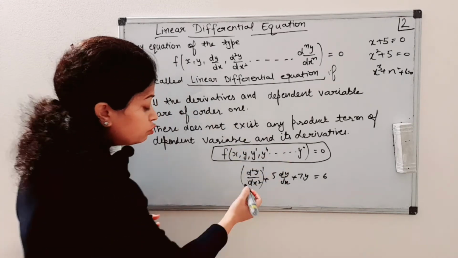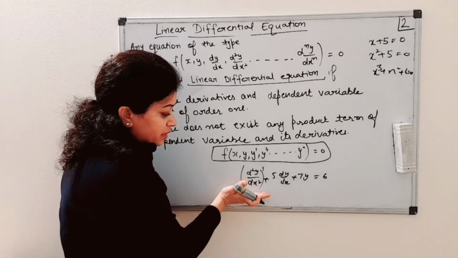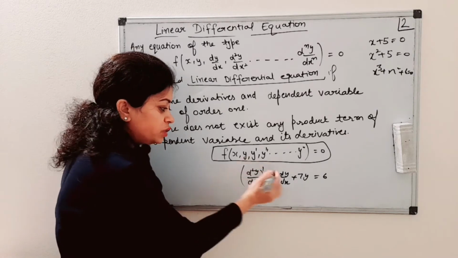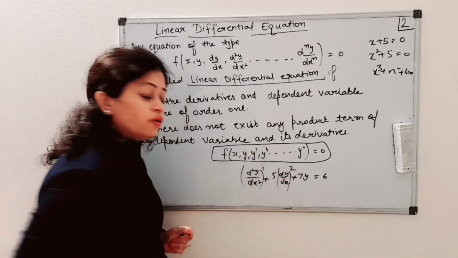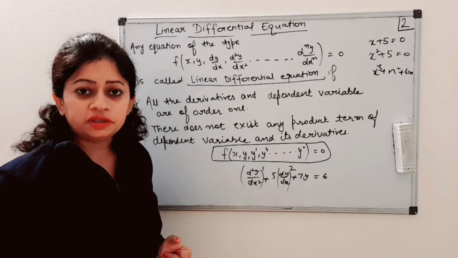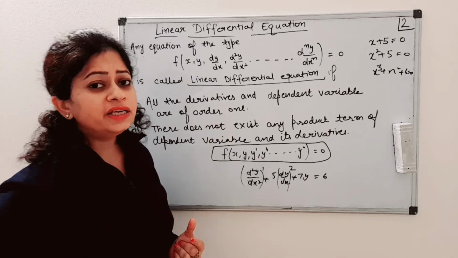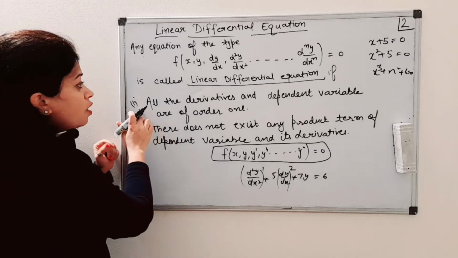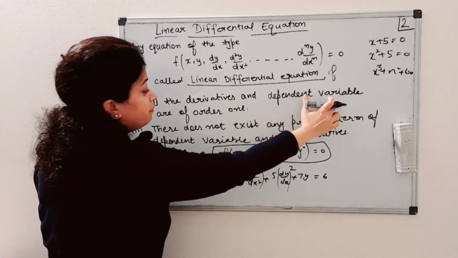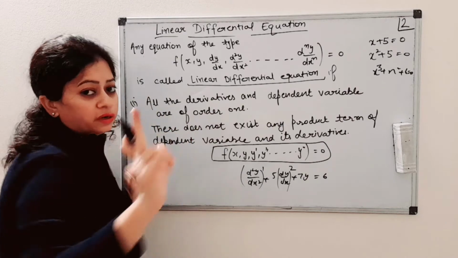So if we have the highest derivative and the power is 1, we cannot say this is a linear equation. It should satisfy these two conditions. What are these two conditions? Let's see. All the derivatives and dependent variables are of order 1.